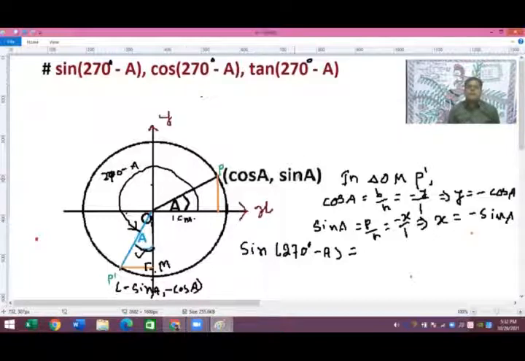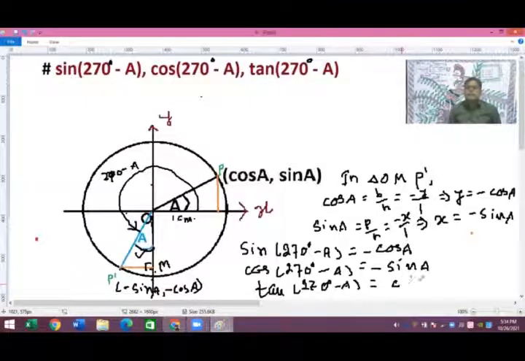So the y coordinate is sine A over here when we consider this angle, and now when it is at P dashed, where there is 270 degrees minus A, then sine A has been turned to negative cos A, so we can write here minus cos A in the third quadrant, and then you'll find that this will be the cot A. You may also work it out yourself here. This is cot A, and you know that in the third quadrant tan is positive, so we got tan in terms of positive cot A.